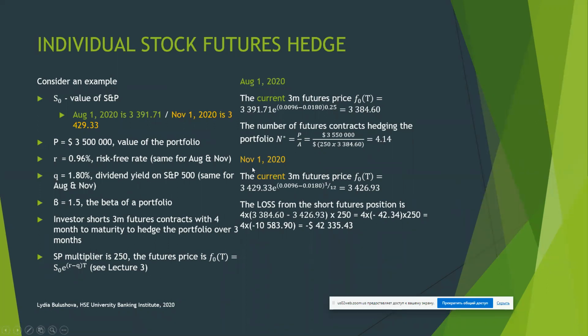November the 1st. November is in yellow, the current 3-month futures price. We put an index price here, that's the futures price. So this is the futures price, and this is the futures price.